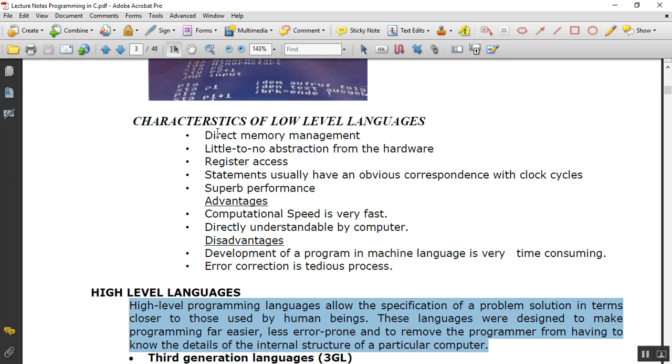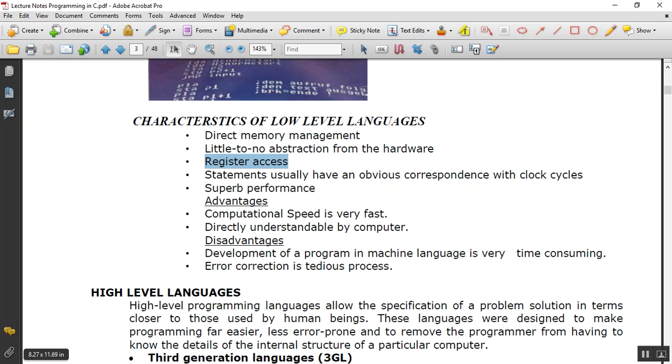Now here, in case of low level languages, we can directly access registers. So you should know how many registers are there on board or on CPU, where they are actually. So we need exact specification that I'm going to access this device and its location is here on CPU or on motherboard. Whereas in case of high level language, we don't need to remember all these things.